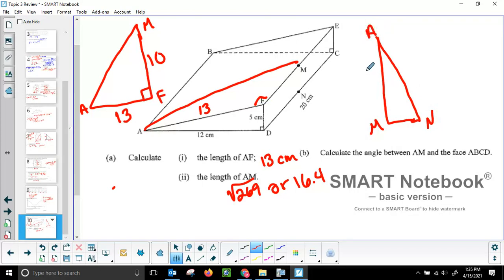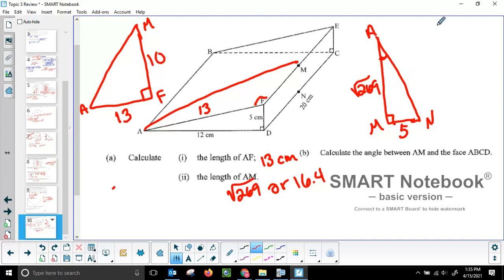We know AM is the square root of 269. We know MN, since this is 5, this has to be 5 also. And AN is on ABCD, right? So AM and AN, we're looking for this angle here.